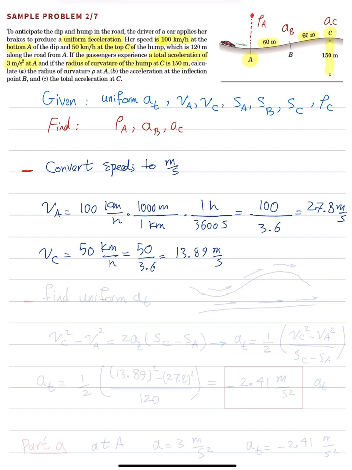Second thing that we need to know before we start is that we know VA, we know VC, right? We know the speeds at the beginning and at the end, and we know the AT along this path is a constant. So that means that we can find AT, right?